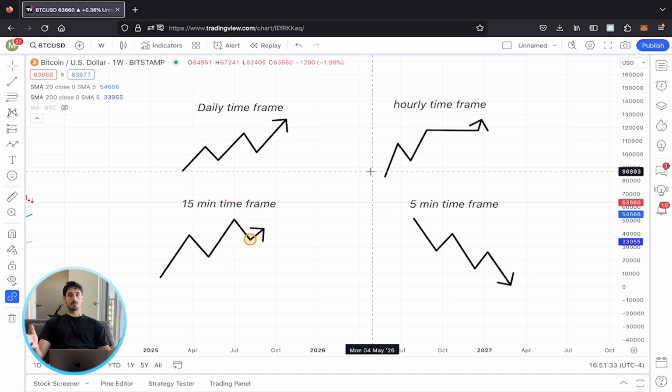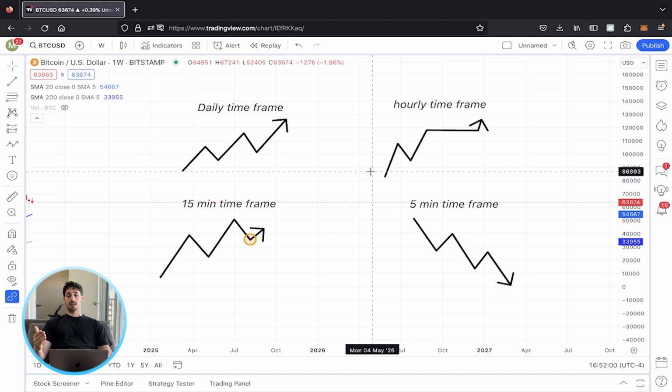It's really not difficult stuff, but by just doing this, by looking at multiple time frames before you take a trade and seeing whether you have that alignment or not, that is the difference between you taking a winning trade or a losing trade. This is one of the biggest mistakes that beginner traders, and not just beginner traders, even experienced traders make, and they lose money as a result, even though it's really quite simple.